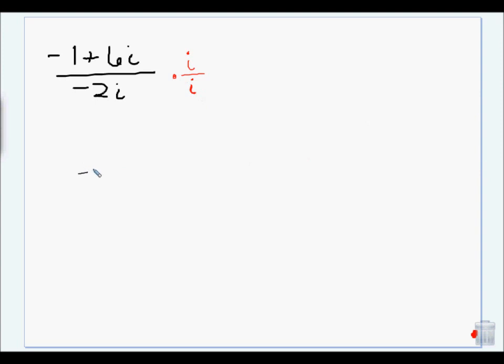So I get negative i, because I have 1 times i, plus 6i squared over negative 2i squared. So this becomes negative 6 minus i over 2. That becomes negative, cancels each other out. That becomes negative, makes this negative 6.